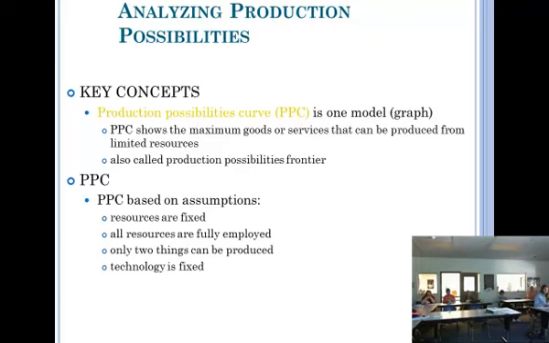Resources are fixed, so you can't get any more resources. All resources are fully being used, so no one is sick or has a broken leg. Everything and everyone is being used. Only two things can be produced at once. And technology is fixed. Remember how I told you we were going to come back to that technology idea?